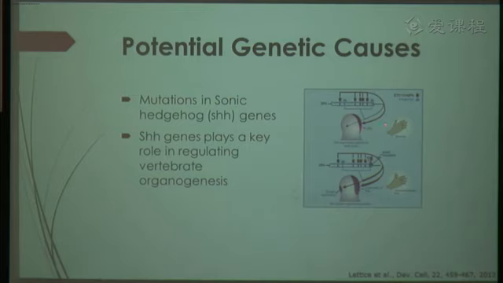If there's a mutation, we will see a little more ectopic expression. So in addition to this bigger purple chunk here, SHH will also be expressed in a small portion here, and this expression will cause the addition of another finger.